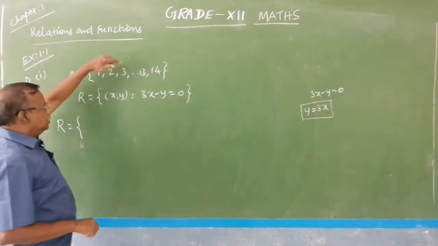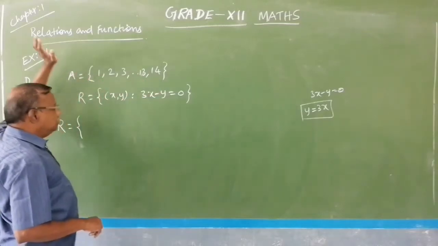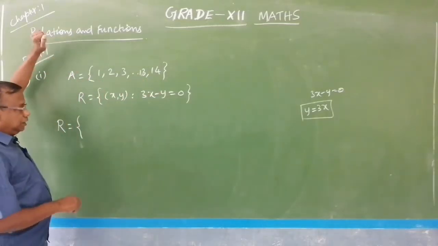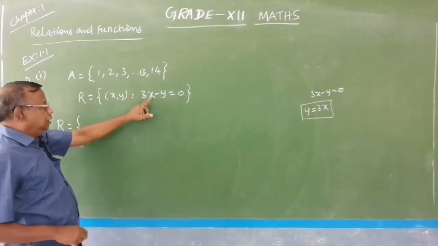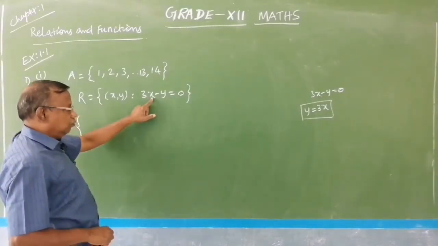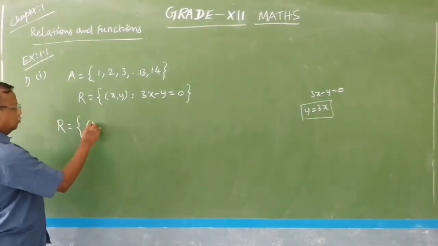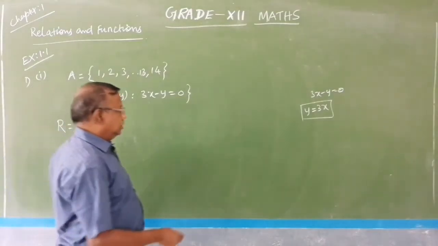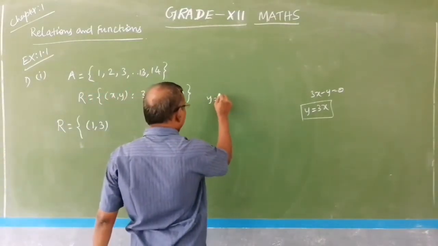Now there are 14 elements from 1 to 14, and if we put x equal to 1, y equal to 3. So 1 comma 3. Here we know that y equal to 3x.